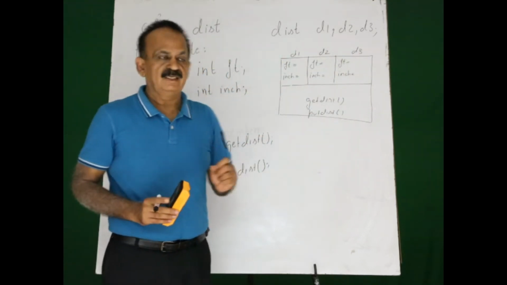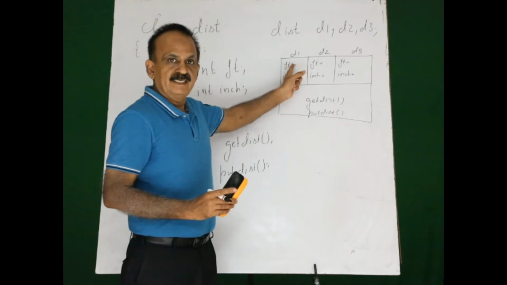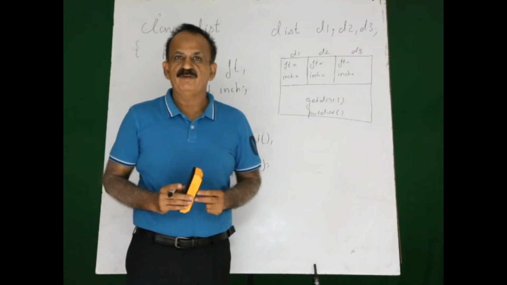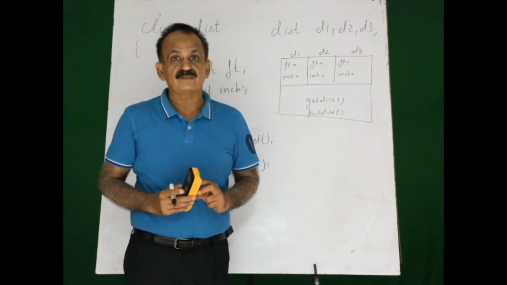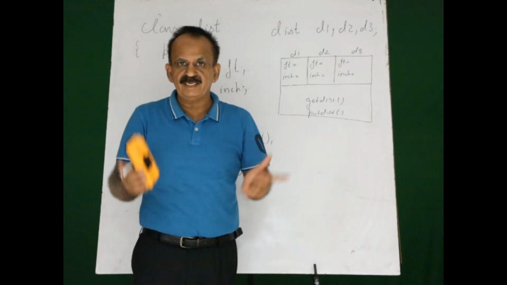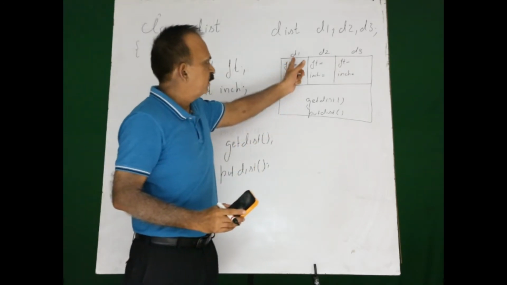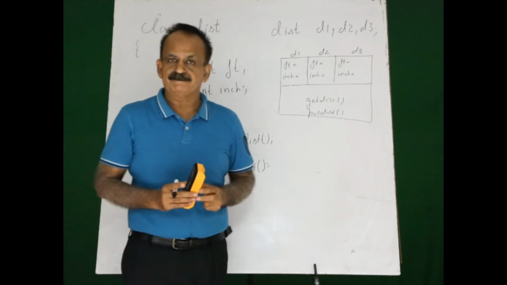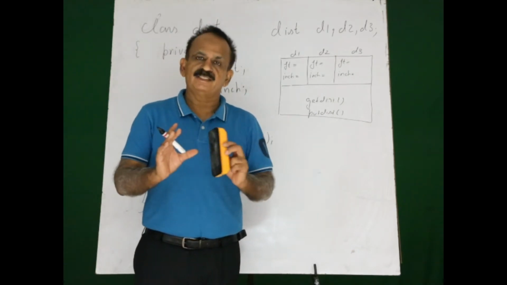See the difference. The instance variables are created for every object, but the static data item, I will be calling it a class variable. A single copy will be used for the complete class.